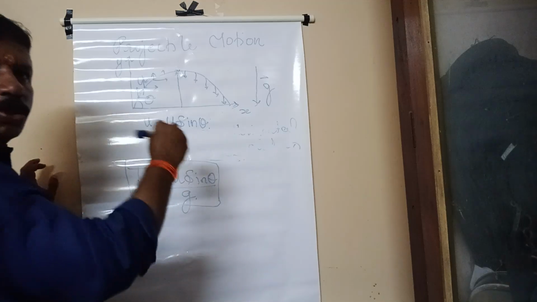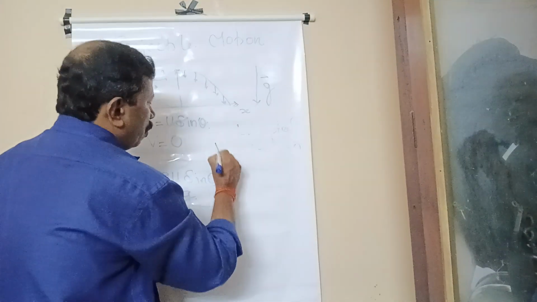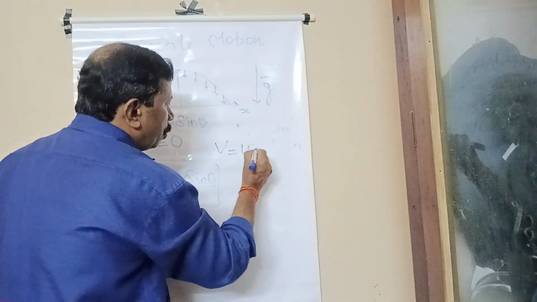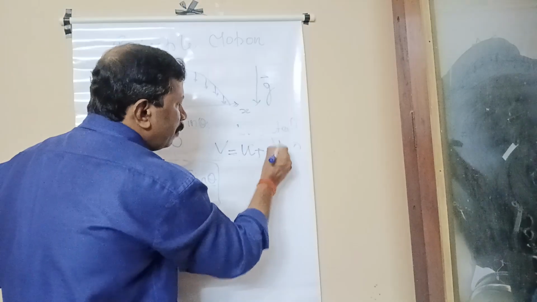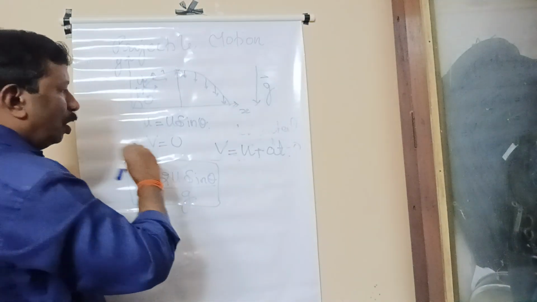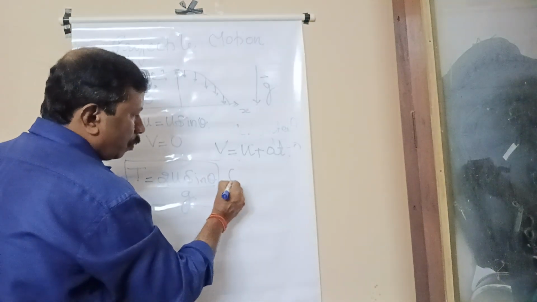Now we put in the one-dimensional equation, v equal to u plus at. The final velocity is 0.